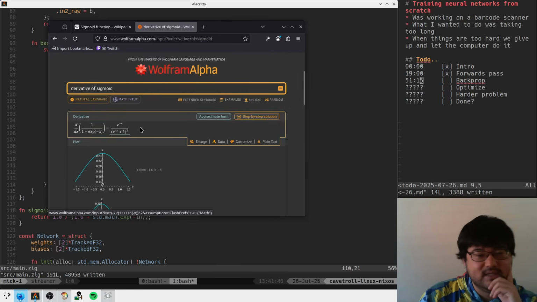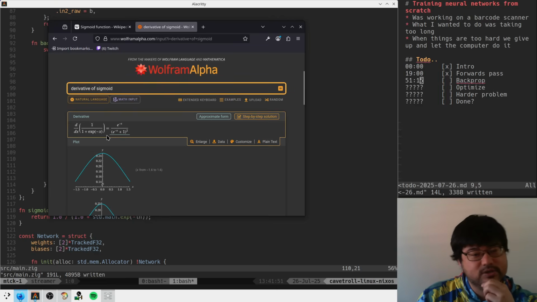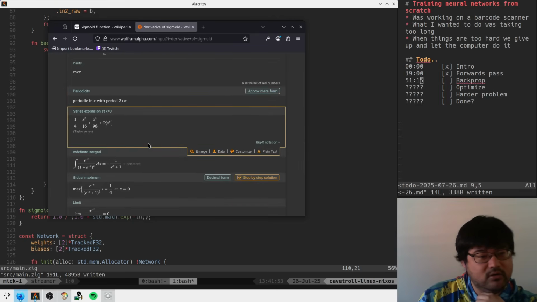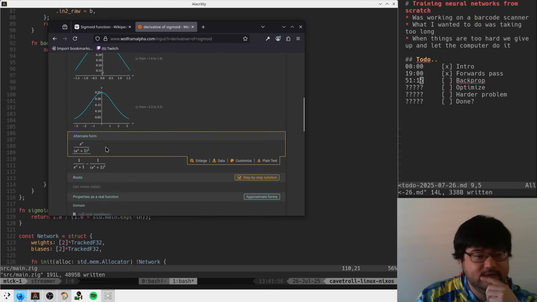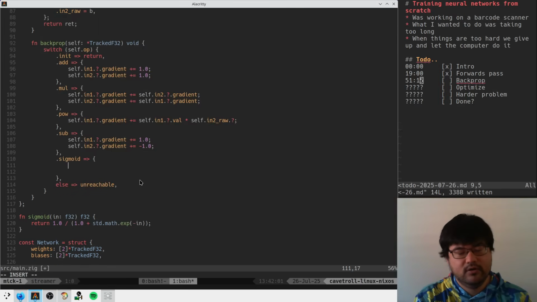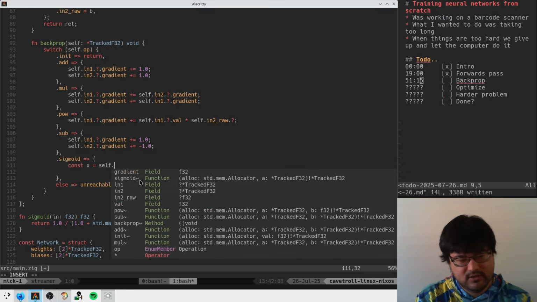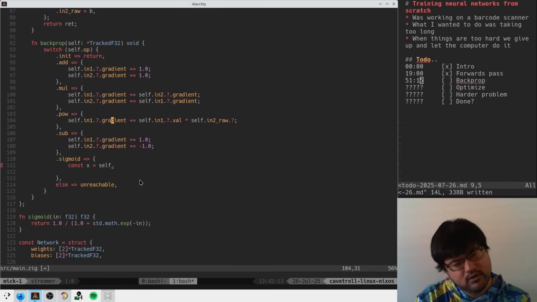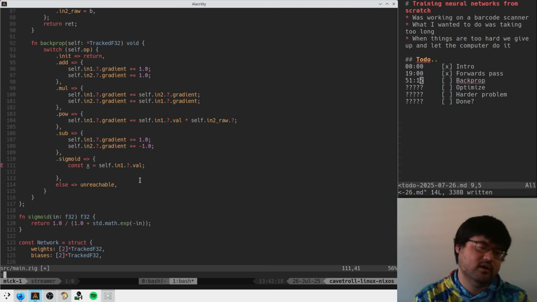Yes. Derivative is e to the negative x over e to the negative x plus 1 squared. Alternate forms? Sure. Okay. It's this. So x is, I guess, yeah, it must be N1 val here.